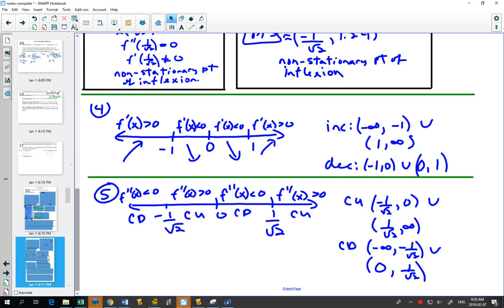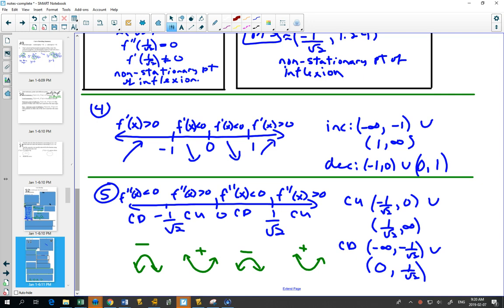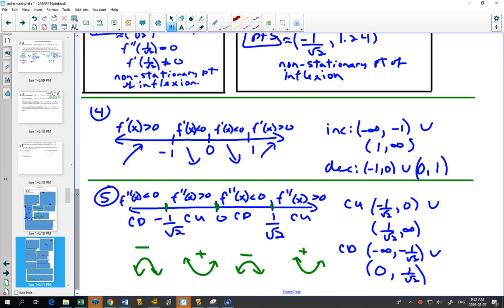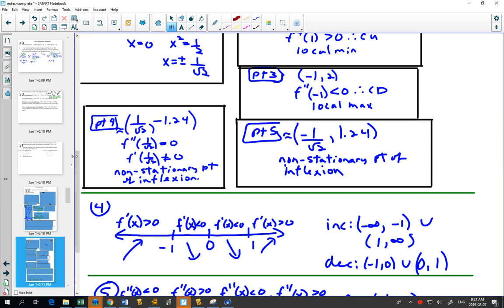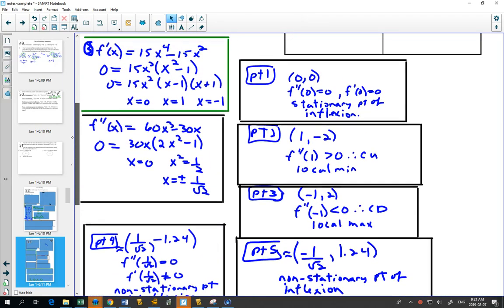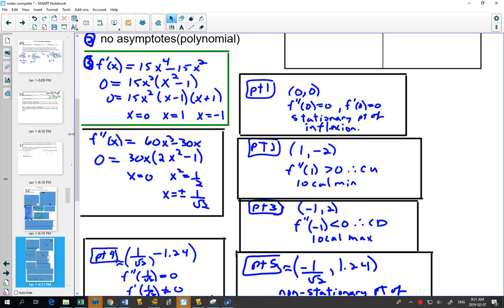Because in my second derivative test, negative, positive, negative, positive, we can see that at each of these 3 points, we have inflection points because it changes concavity. And so if it changes concavity at 0, and 0 also happens to be a stationary point, then you know that you're going to have a stationary point of inflection.